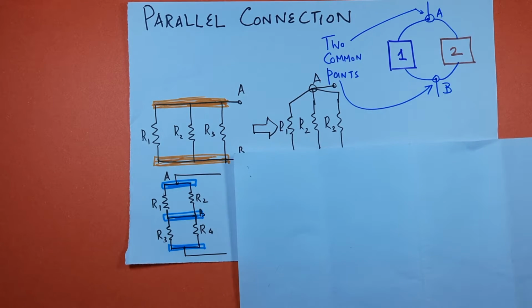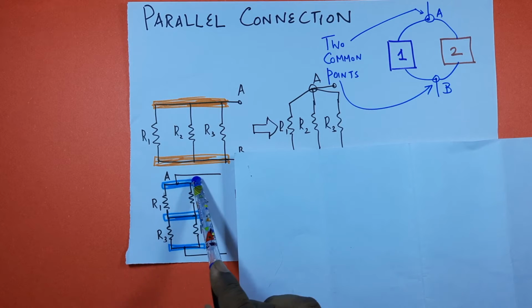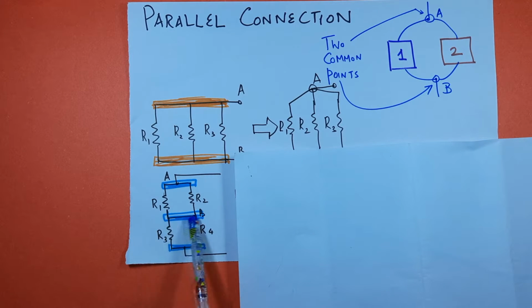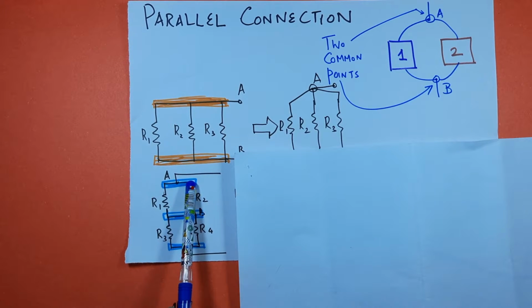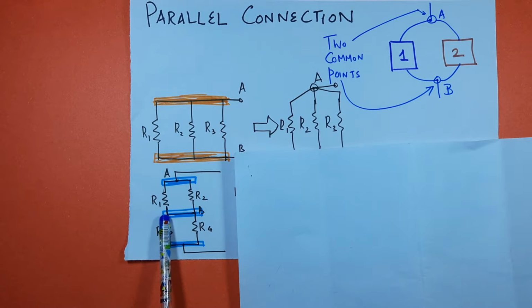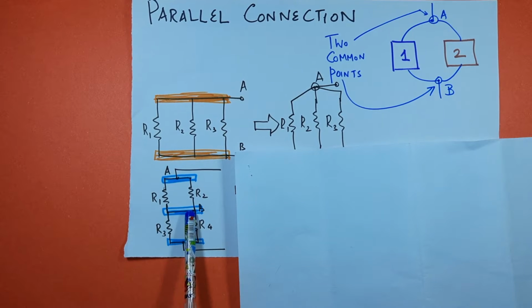You see this. Here I have R1, R2, R3, R4. Top one wire connected, middle one wire connected, bottom one wire connected. This should be C; it's missing, right? So these two are one common point. This wire is one common point.